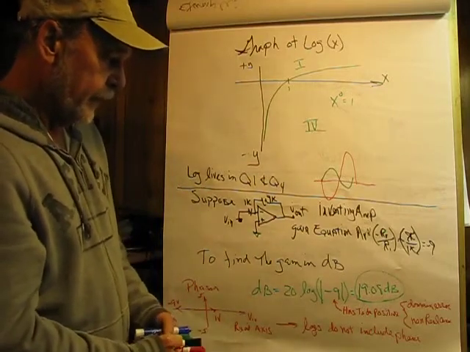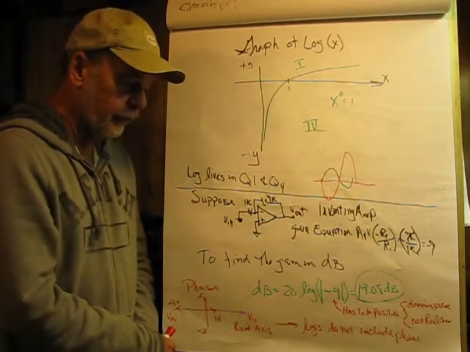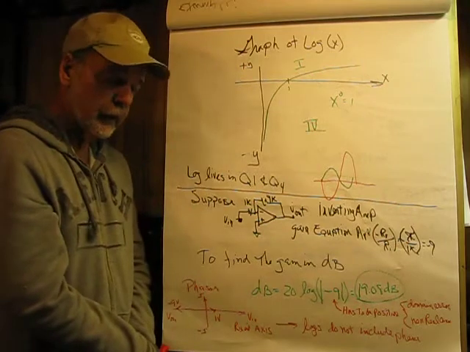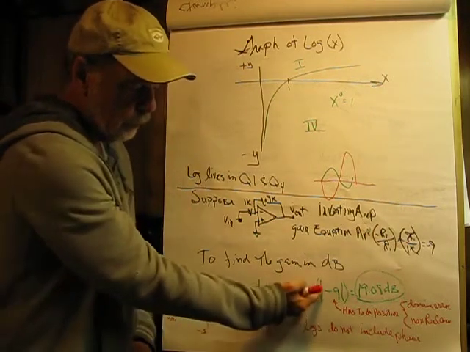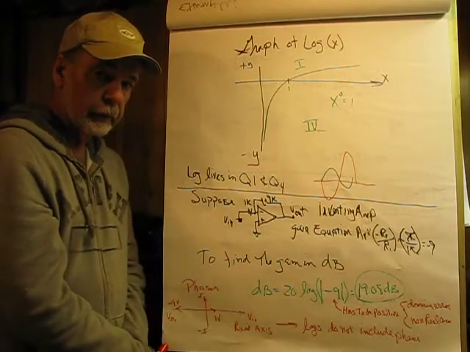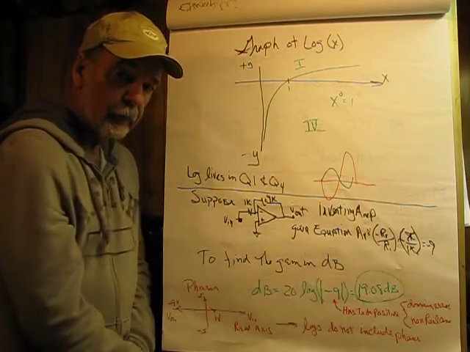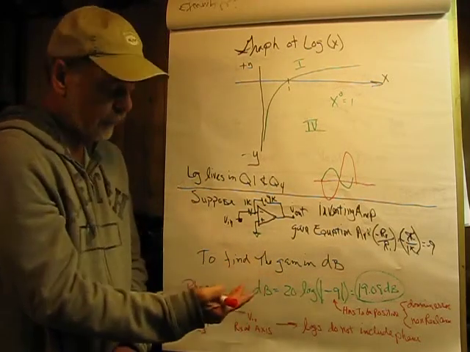Now if we go to find the gain of this in dB, the negative isn't going to work very well, because we would be on this side of the y-axis. So really what we need to do is put an absolute value in here, or to make it simple, always have a positive number. Decibels don't care about phase.